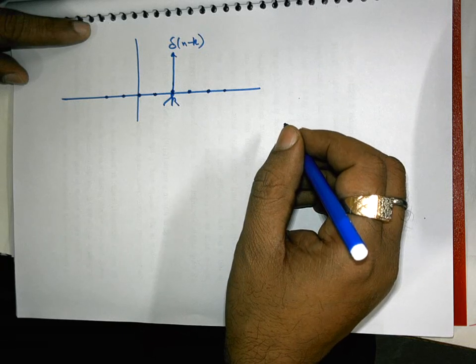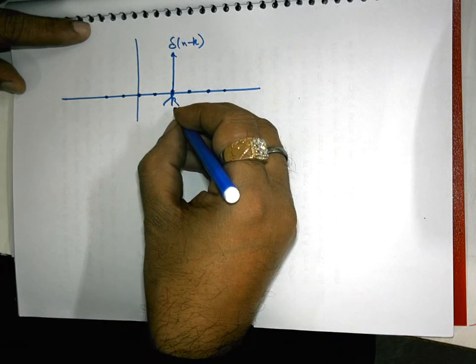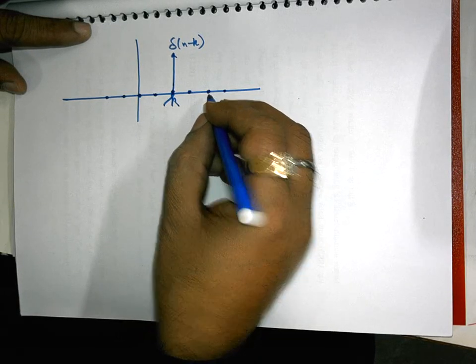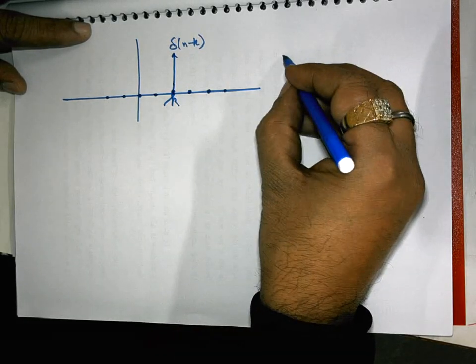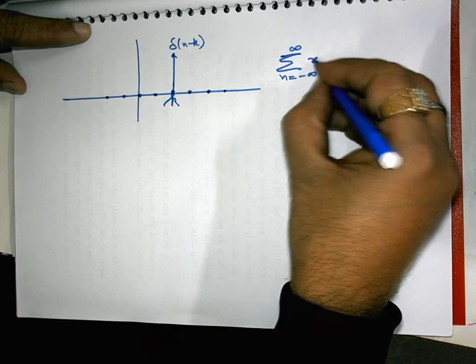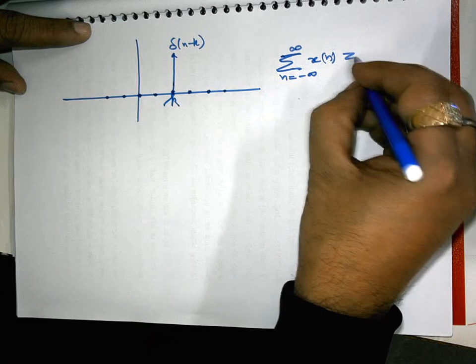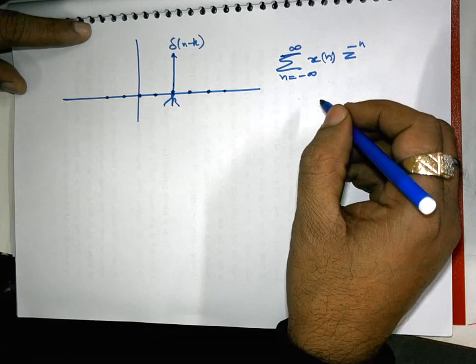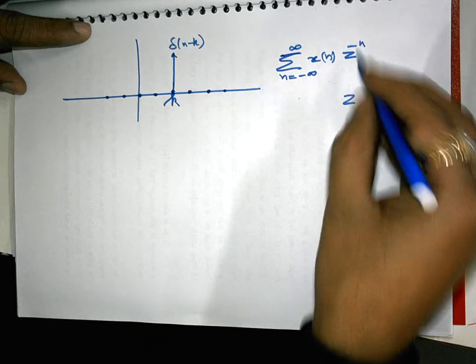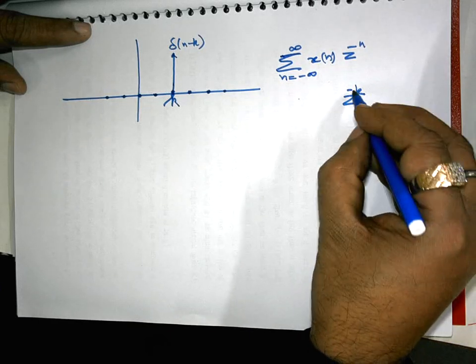It exists only at k. At any other value of time, it has value 0. So the Z transform says the summation over n equal to minus infinity to infinity of x[n] z to the power minus n, and at n equal to k, it has value 1.